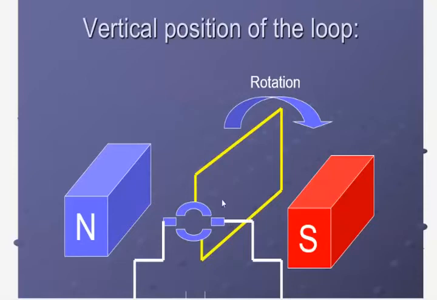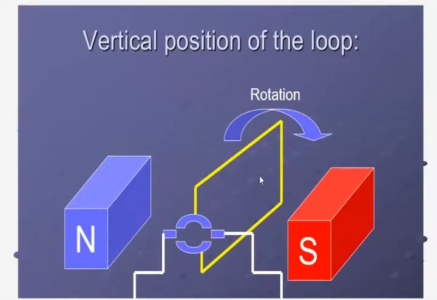So in vertical position, net turning effect on the coil is 0, but due to inertia, because from the horizontal position to vertical position it acquires some motion.